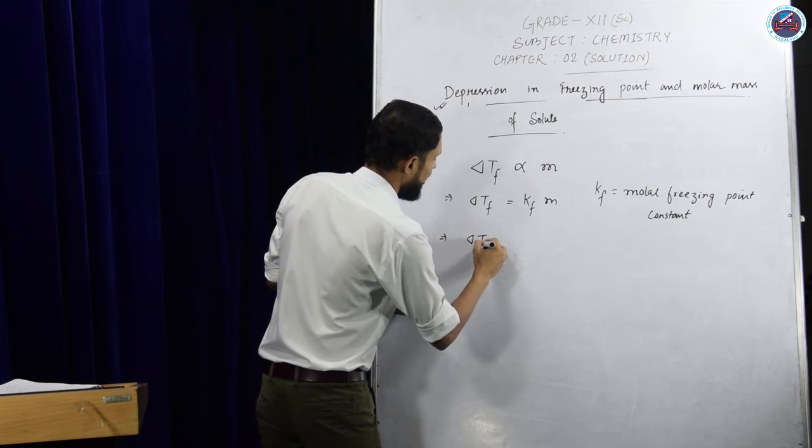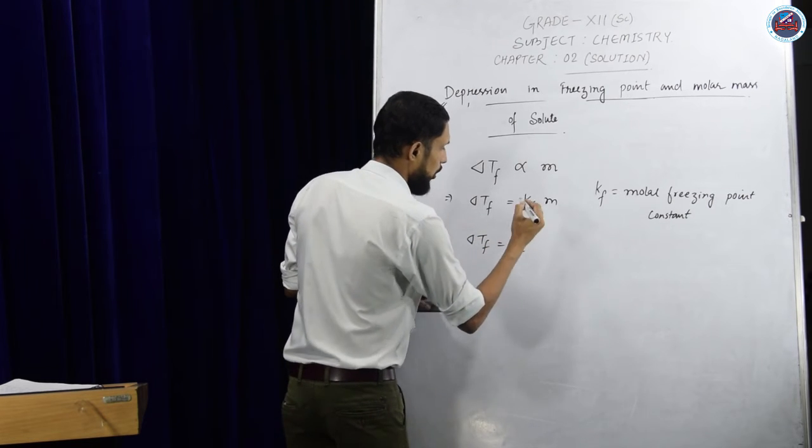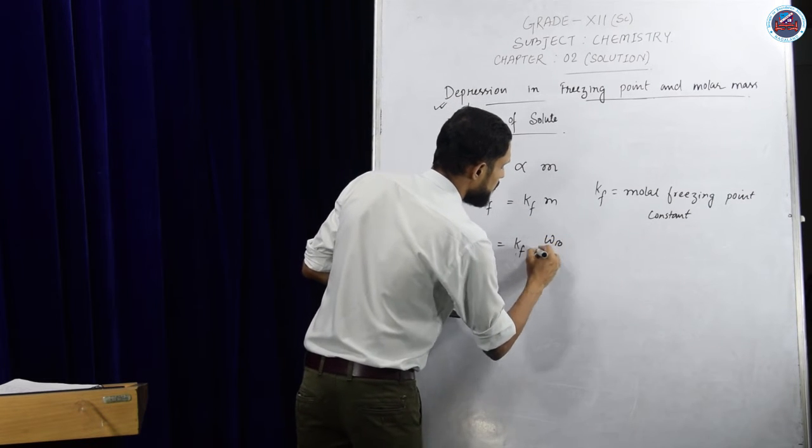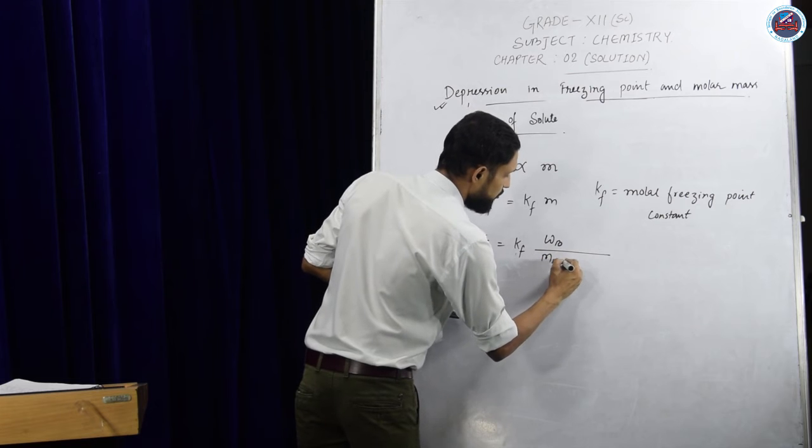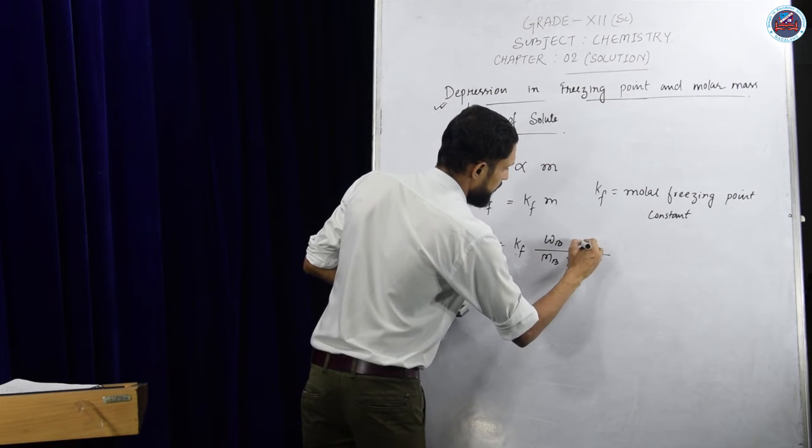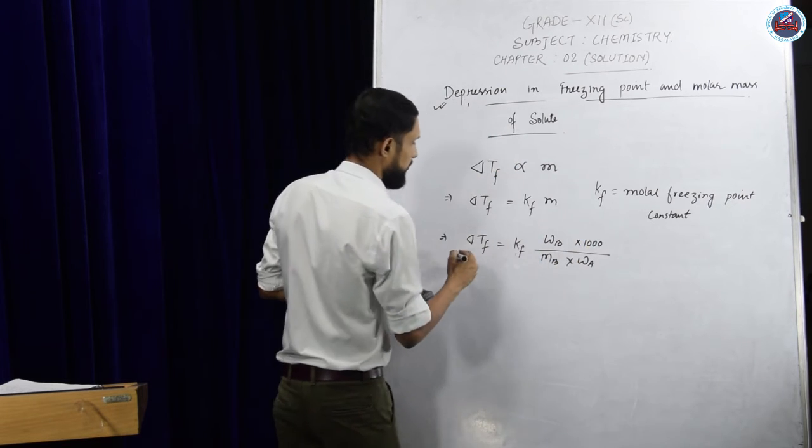From here, delta Tf is equal to Kf times molality, which is equal to mass of solute by molar mass of solute multiplied by mass of solvent, multiplied by 1000.